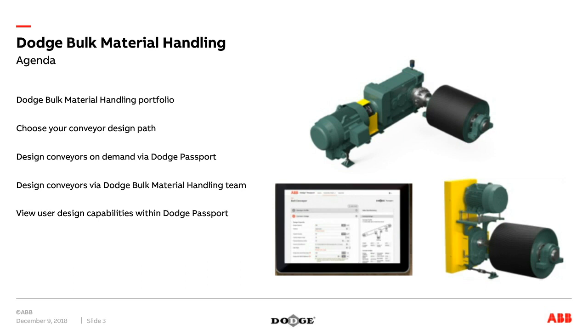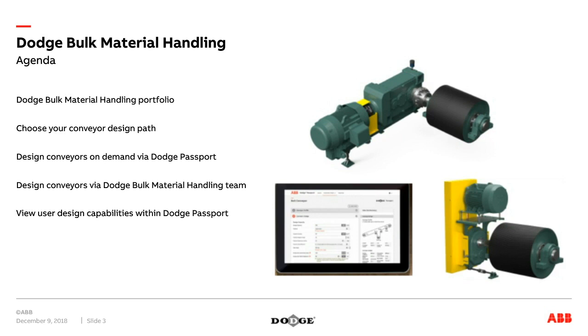We'll talk about options for choosing your conveyor design path: first option, doing it via the Dodge Passport, which is a new on-demand online tool, and another option of actually utilizing the Dodge Bulk Material Handling team for conveyor design. And then we'll walk through an example of what this tool looks like within designing conveyors within the Dodge Passport tool.